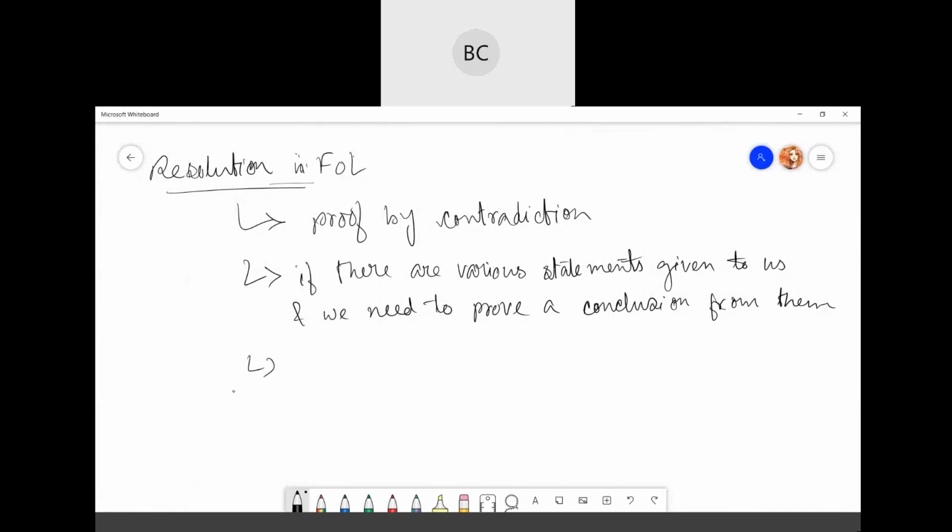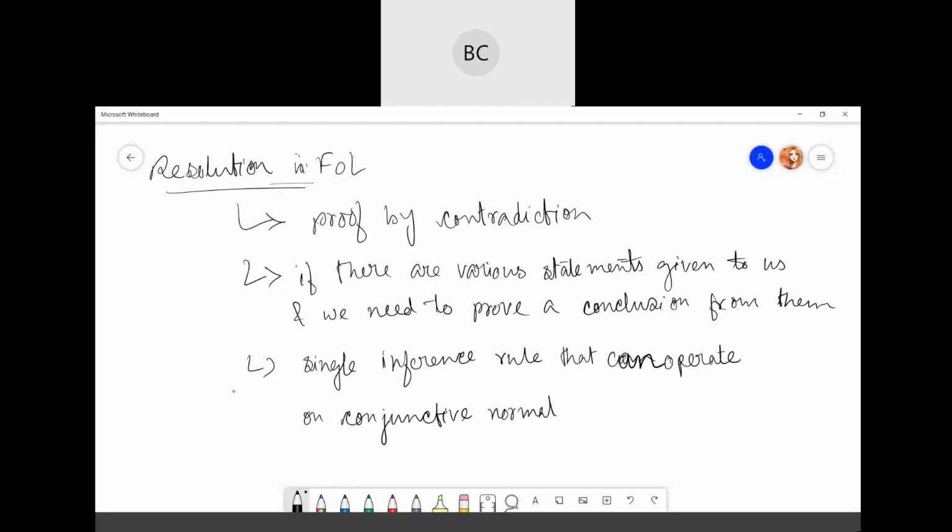Okay. Operate on conjunctive or clausal form.